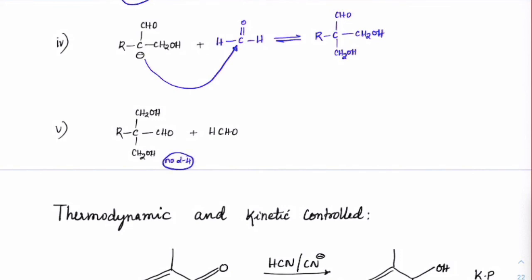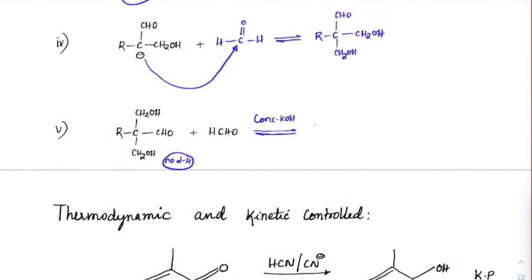This time, how does the reaction take place between these two? Cross Cannizzaro. Because now in concentrated KOH, you can see we have an aldehyde form here, and this aldehyde also has no alpha hydrogen. So perfect case for cross Cannizzaro.